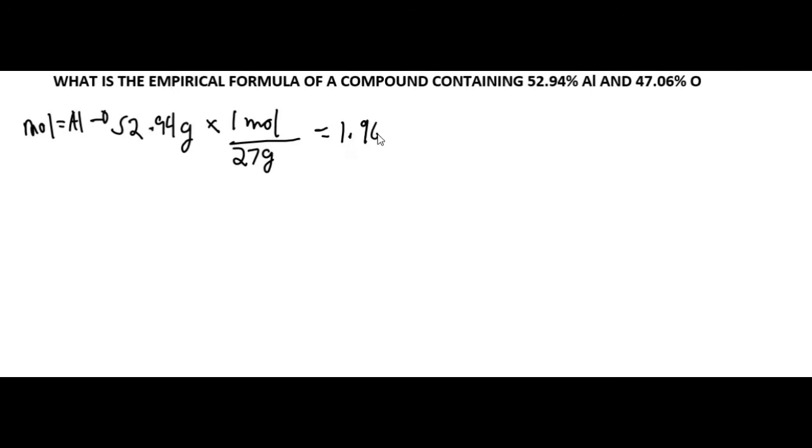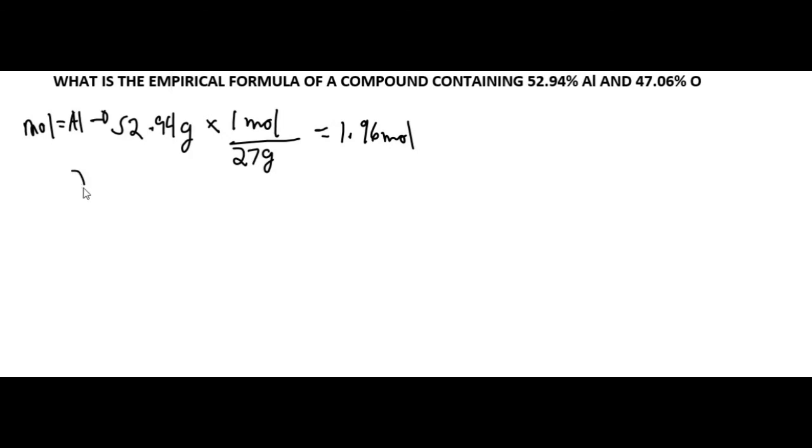So you have 52.94 grams of aluminum times 1 mole over the atomic mass of aluminum, which is 27 grams. Then we will get 1.96 moles.